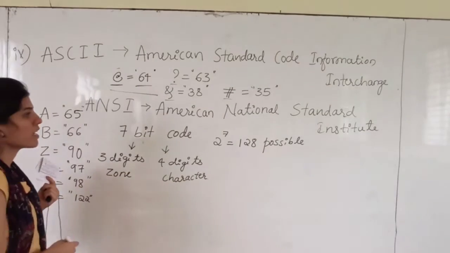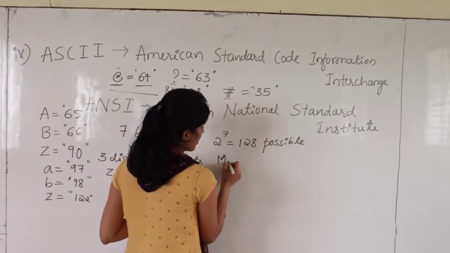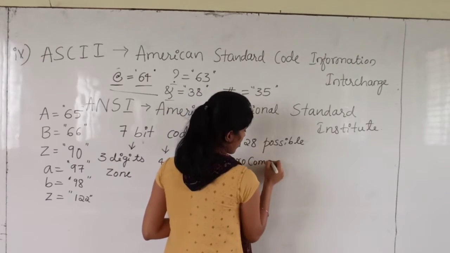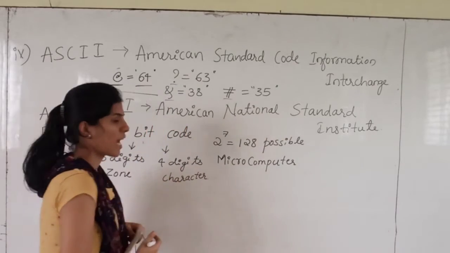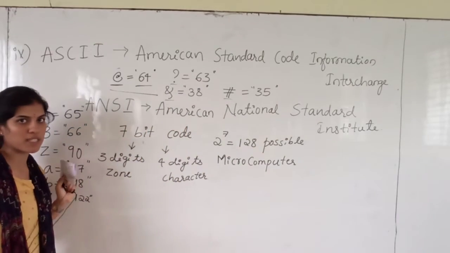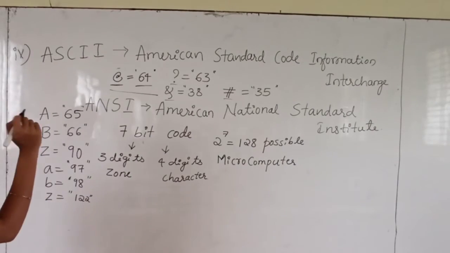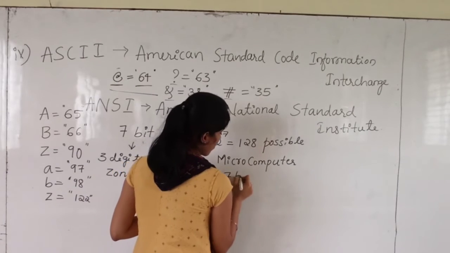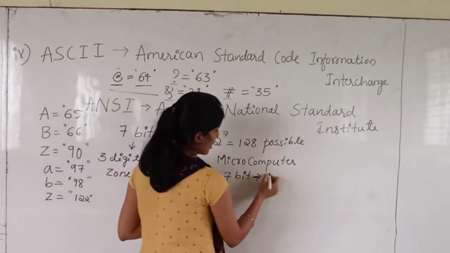ASCII is mainly used in microcomputers. Microcomputers use an 8-bit code for data representation, so the ASCII code is extended from 7-bit to 8-bit.